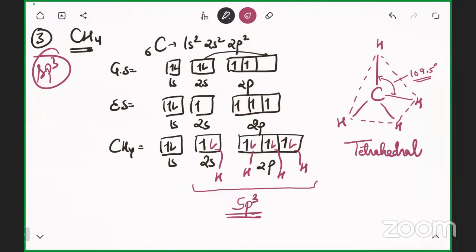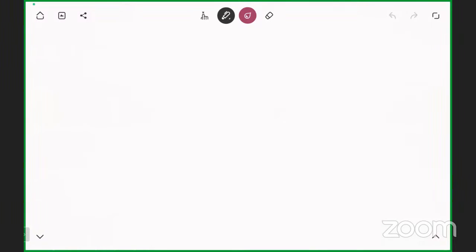Okay, then any other example of tetrahedral shape with the same hybridization? Or pyramidal shape, you can say in that case.